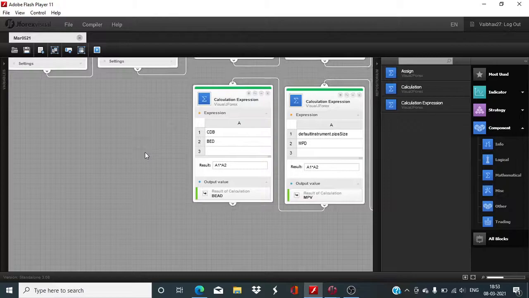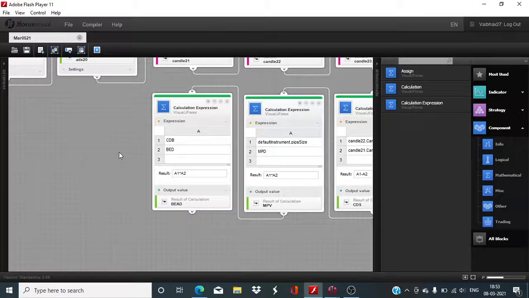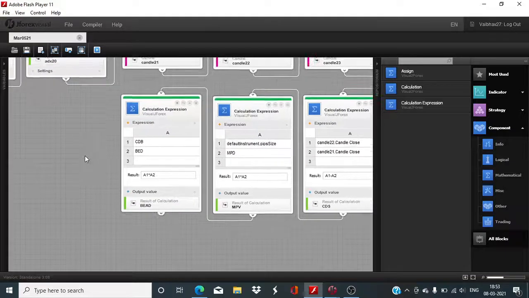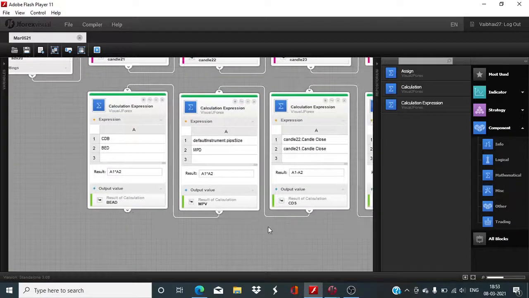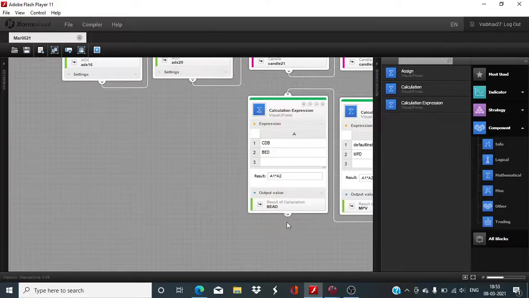Okay, and we need it to be deducted from the last tick price. So whenever the other conditions are met, we will deduct this ratio which we have calculated from the last tick price.